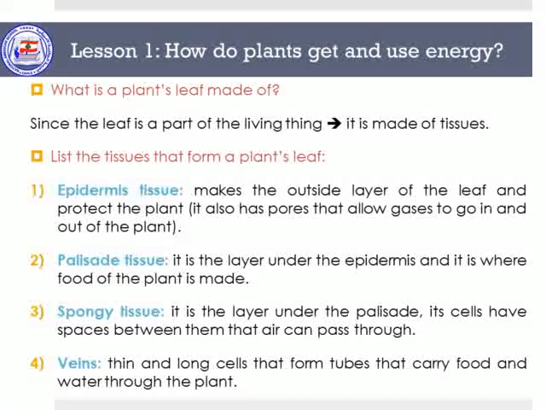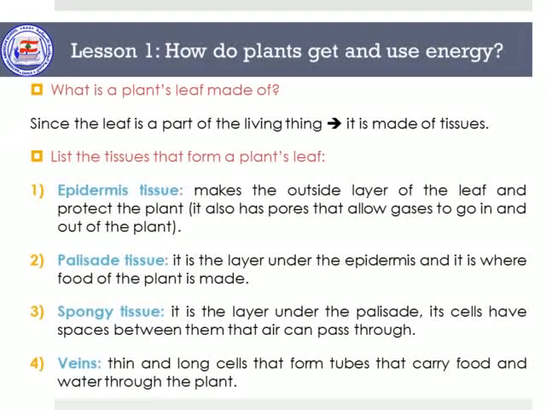It protects the plant, and it also has pores or small openings that allow gases to get in and out of the plant. The palisade tissue is the layer under the epidermis, and it is where food of the plant is made.